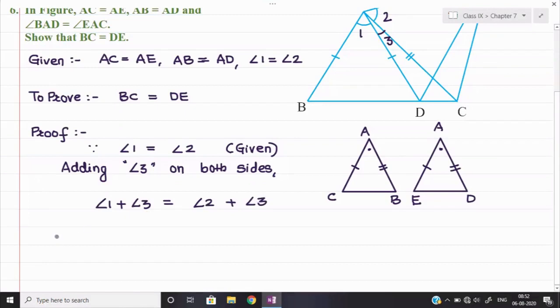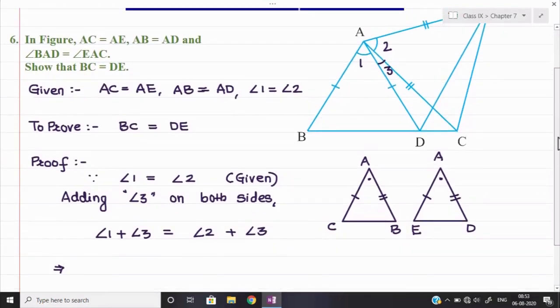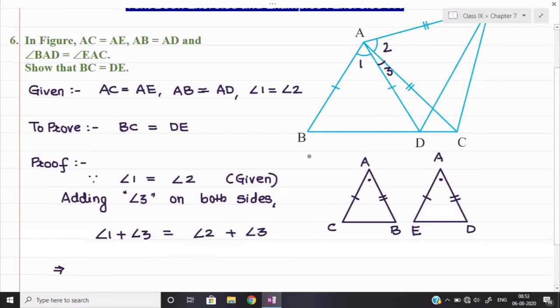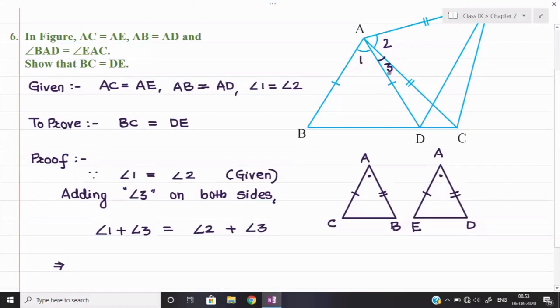Now you observe angle 1 plus angle 3. What will it become? Look carefully at the main figure. Okay, the given figure, angle 1 plus angle 3. Observe, it will become this angle completely. So the name of this angle is BAC, or you can say CAB. So here in place of angle 1 plus angle 3, I will write down CAB is equal to.